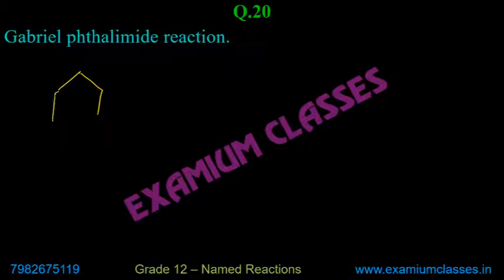Now understand the structures and memorize these structures. Phthalimide is one benzene ring, and then one imide structure, that is actually the phthalimide structure.